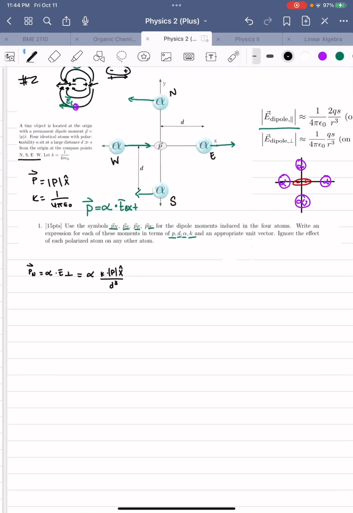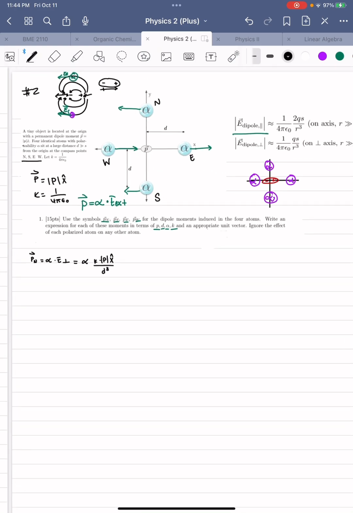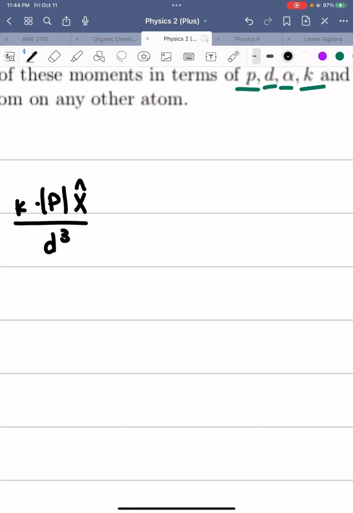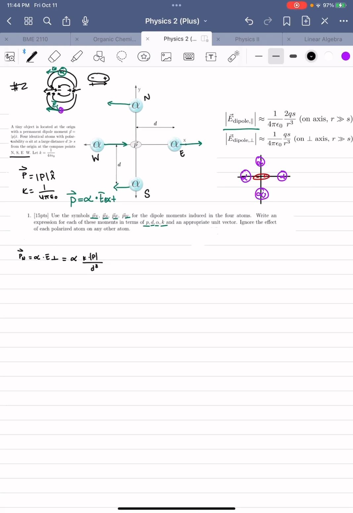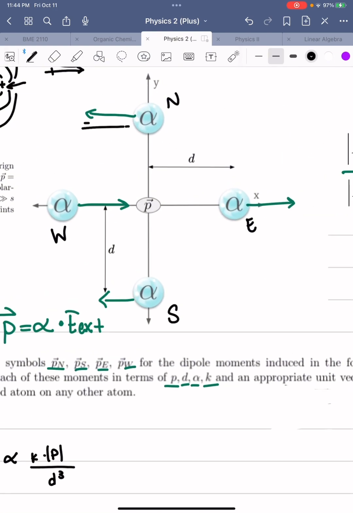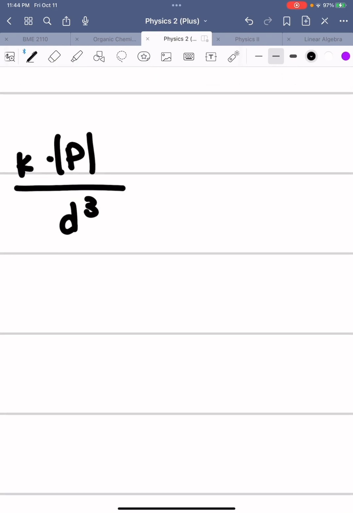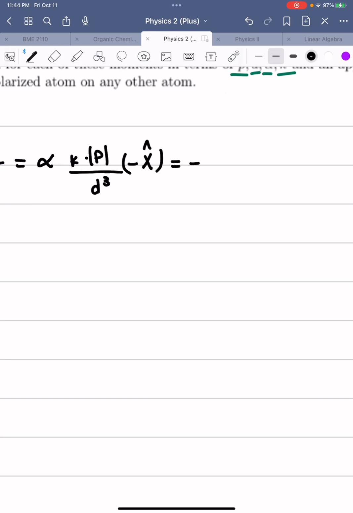But we also have to put in the direction. If we take this guy over here and look at this, it's going to the negative x hat direction, so we multiply by the negative x hat direction. That's going to be negative alpha k P over d cubed.